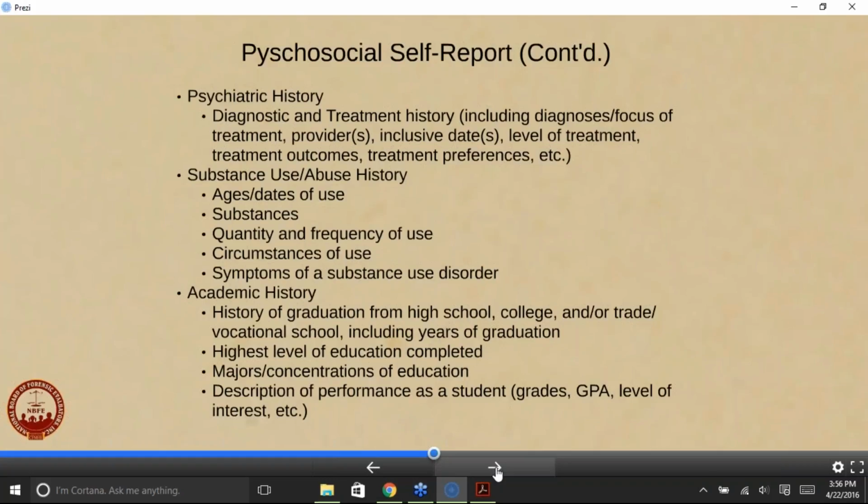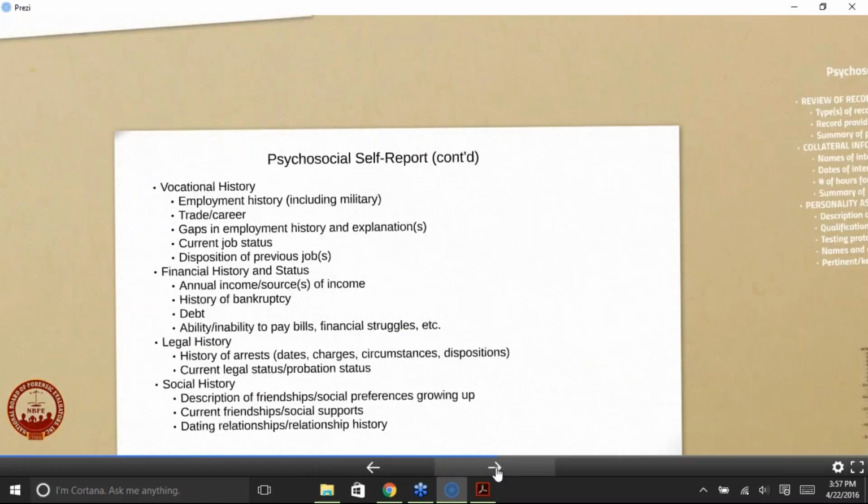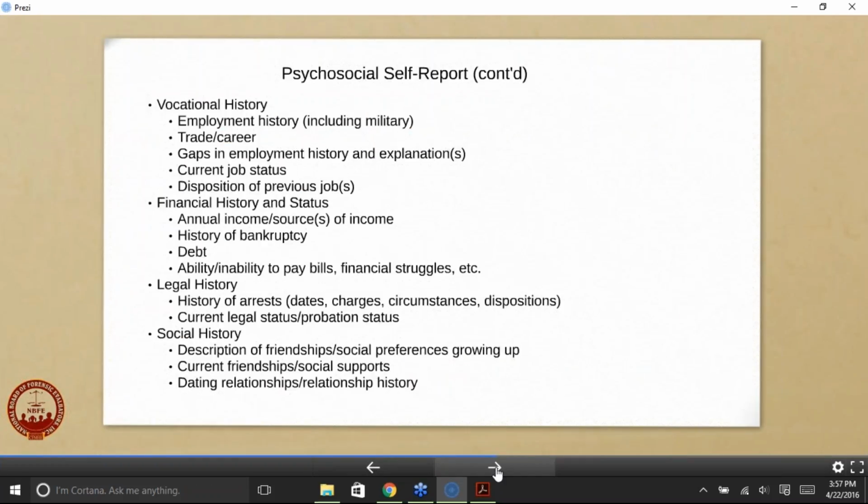Their highest level of education completed, their majors or concentrations, description of performance as a student, including grades or GPA, their level of interest in school, that sort of thing. And then vocational history: what is their employment history, including military? I think that's very significant in many cases. Their trade or their career path, their gaps in employment history and explanations for those gaps. That can be rich information sometimes.